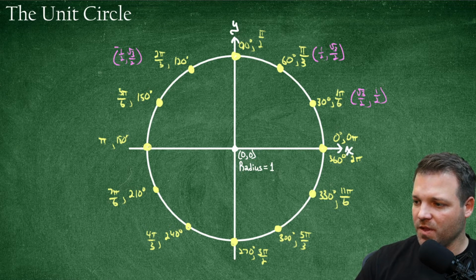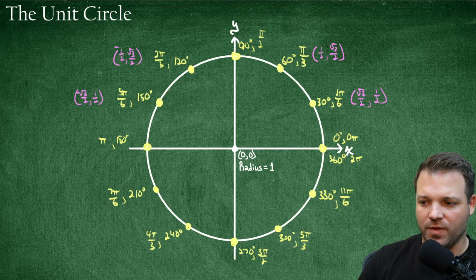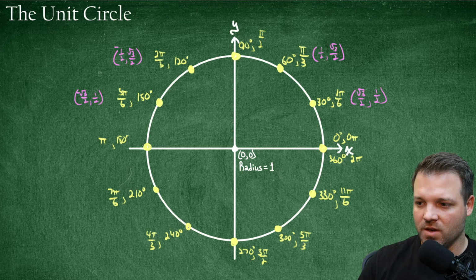The 30 degrees gets reflected. That's root 3 over 2, comma 1/2. And again, the x is negative. And down here, we're going to reflect these down. So this 210 is going to get reflected from the 150. Reflect these down. So that's going to be negative square root of 3 over 2, and then negative 1/2.